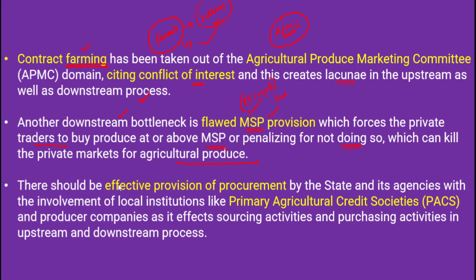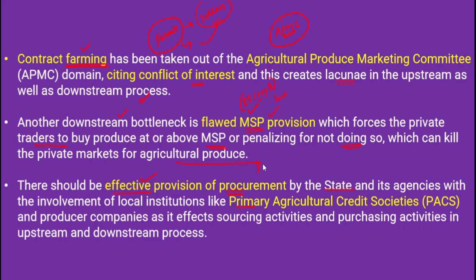After that, there should be an effective provision for procurement as well. Ever since, the government has been procuring food grains at MSP for its own public distribution system, but the procurement process is not foolproof. There is a lack of effective provision of procurement by the states and agencies which involve local institutions like primary agriculture credit societies.